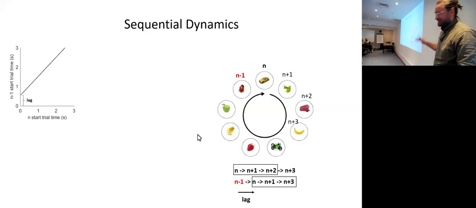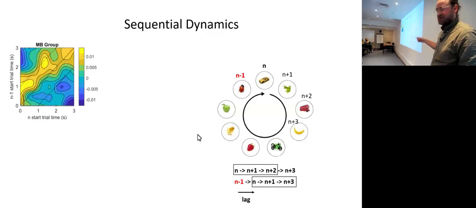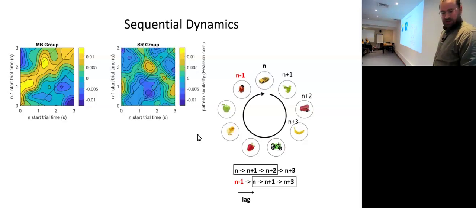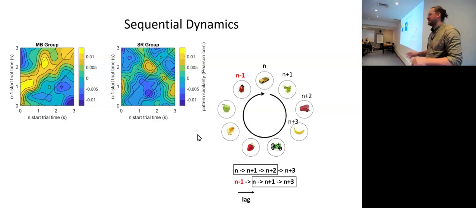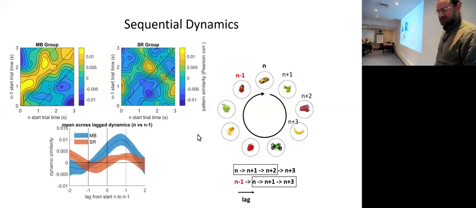And what's fascinating is that if you look in the model-based group for this metric, that is in fact what you see: a very strong upward shifted diagonal, roughly between 0 and 1 second. And if you look in the SR group, there's no such thing. What this means is that there's very strong evidence of a sequential dynamic playing out in the model-based group. They're planning and going from state to state at a rate of about half a second, 700 milliseconds per state, something like that.